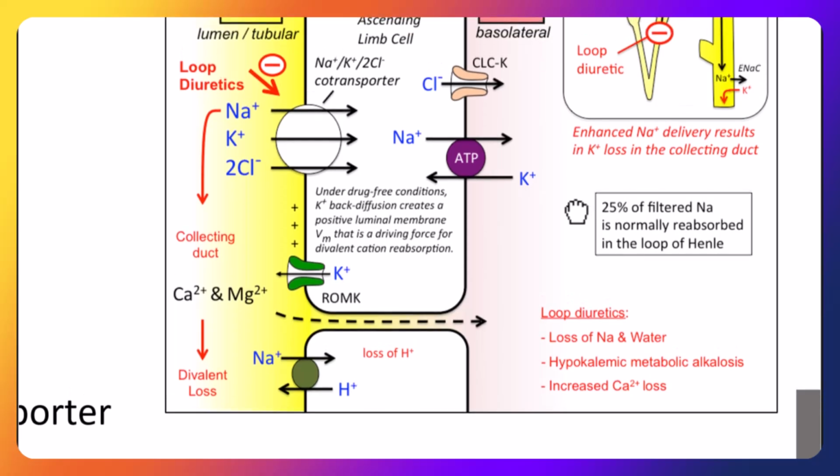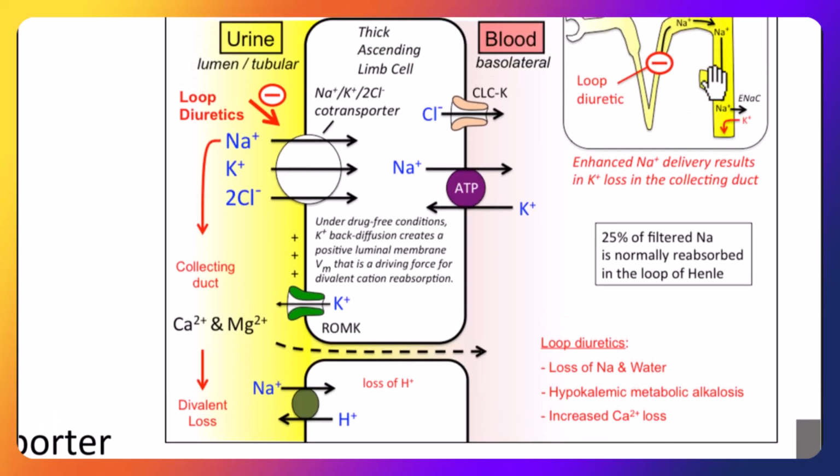So eventually the body starts to think, and this can happen in the latter part of the nephron, okay, we're losing way too much sodium. Let's take some back. And in this process of taking some sodium back, it's exchanged for hydrogen ions.